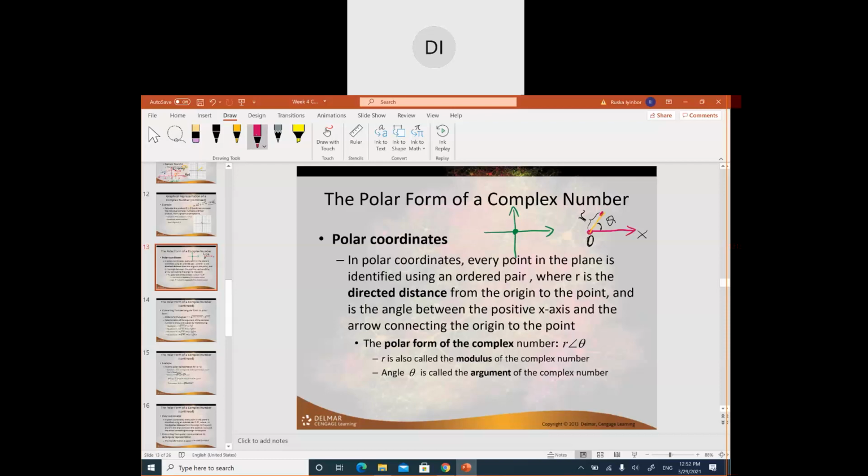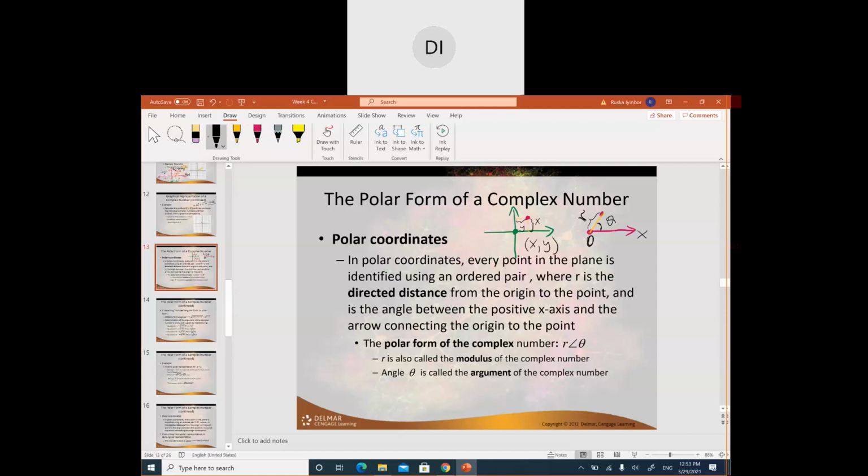Now for rectangular, I'm just going to remind you: if I have the same point, the rectangular is going to connect the point with the x-axis and the point with the y-axis. I'm going to measure the distances, so this is x and this is y. That's why in rectangular any point is represented with x and y.